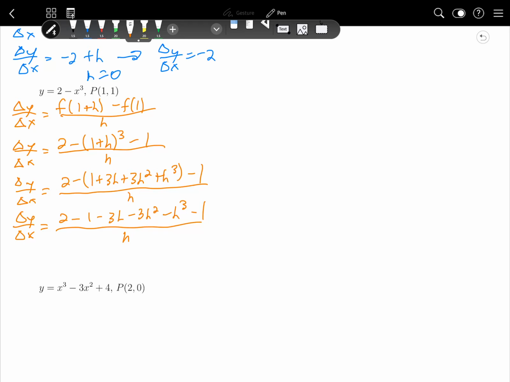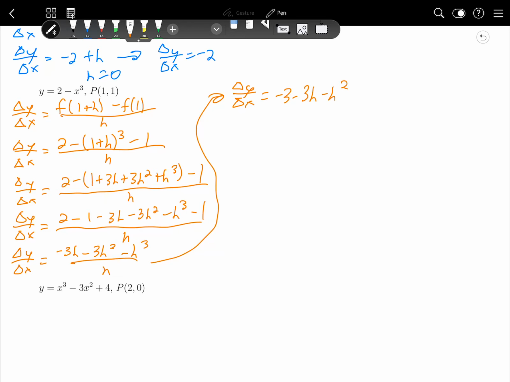2 minus 1 is 0. So we get delta y over delta x equals negative 3h minus 3h squared minus h cubed all over h. So delta y over delta x, divide each of these terms by h, and you get negative 3 minus 3h minus h squared. Let h equal 0, and delta y over delta x equals negative 3.